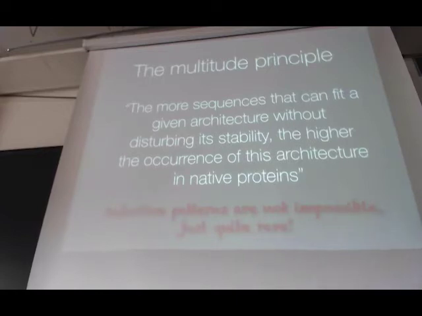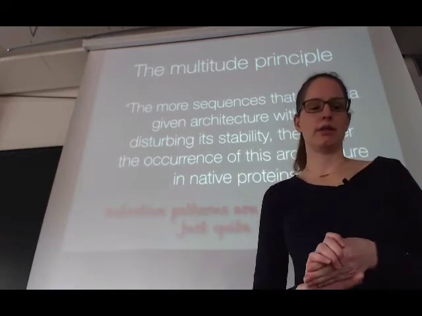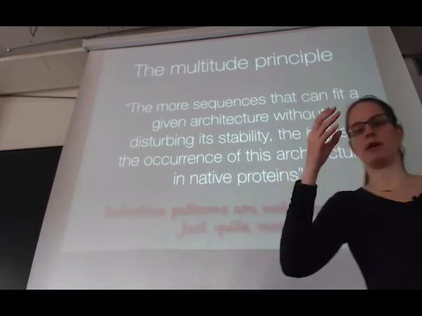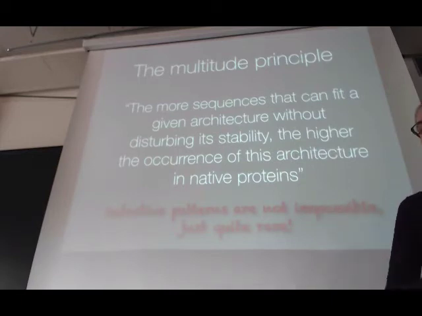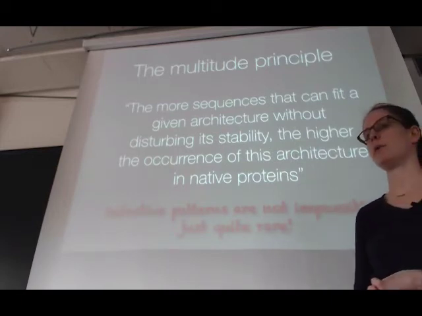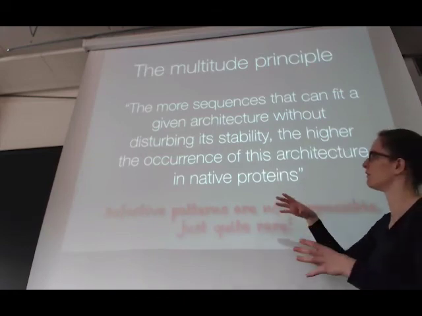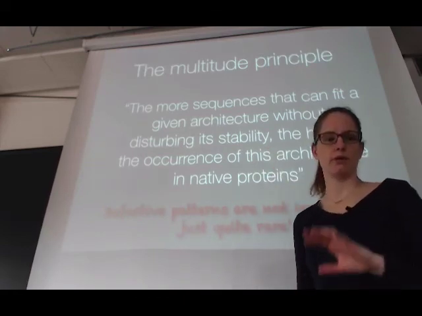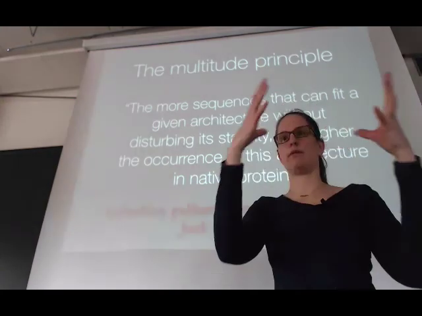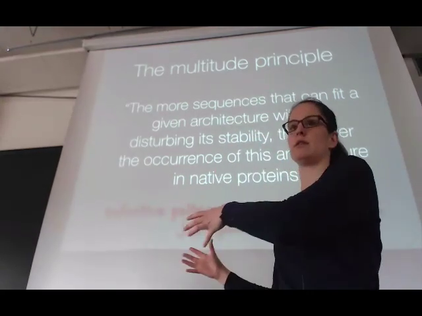So we're based on this physical principle of having half hydrophilic and half hydrophobic amino acids, and we're building these random sequences. And the more different types of sequences that will be able to fold into a specific fold, and that is stable, this will then say that this fold happens a lot in nature and this other one doesn't.